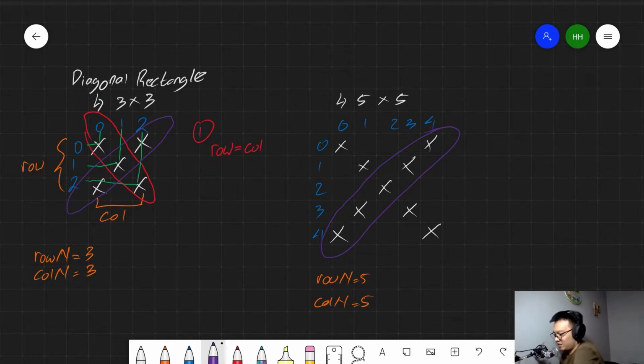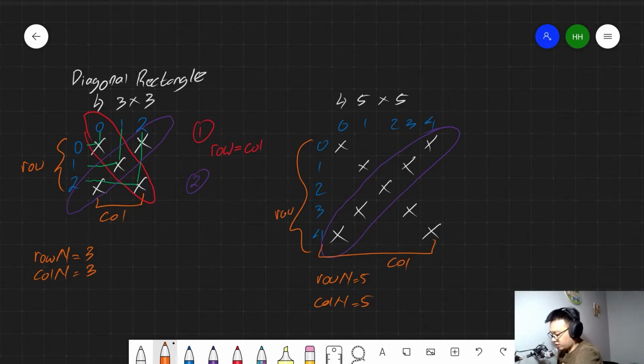Okay, so the idea is like this. If you see in here, this is your row and this is your column, right?